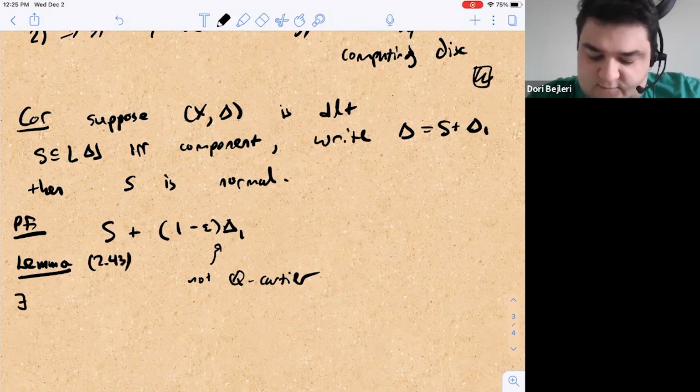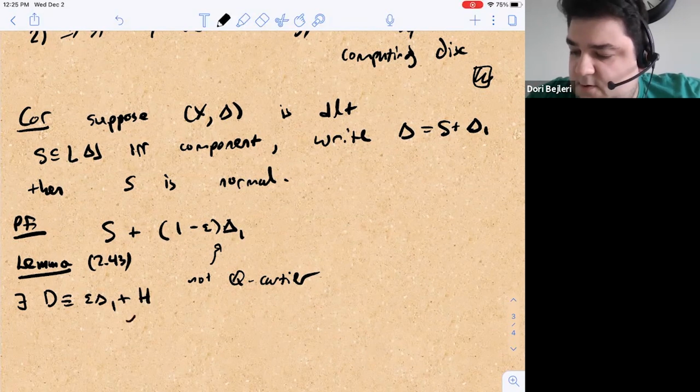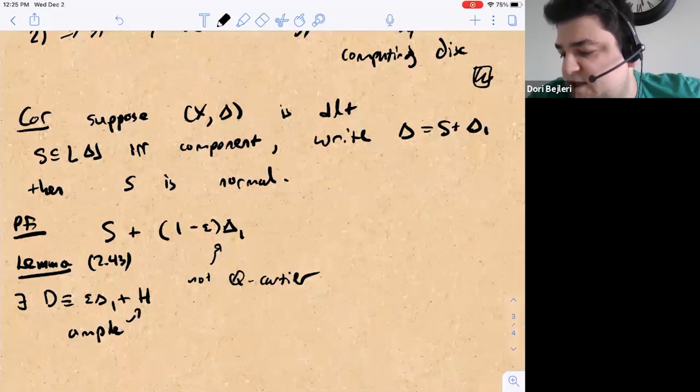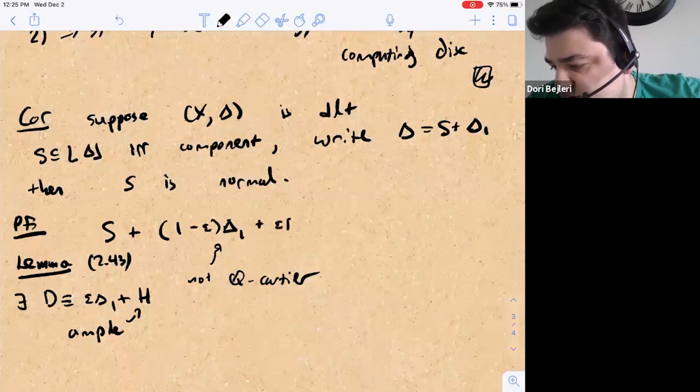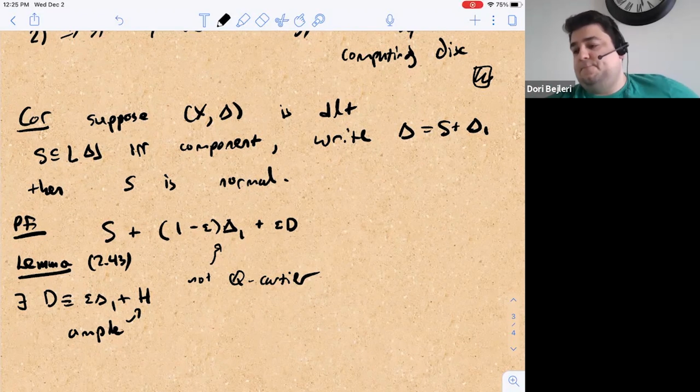I'm not going to write down the proof, but basically there exists a D that's equivalent to epsilon delta 1 plus some large enough ample, such that if we add epsilon D, then this pair is DLT.